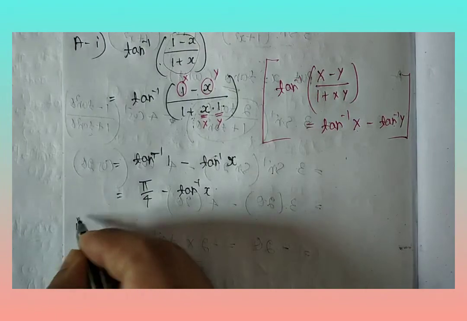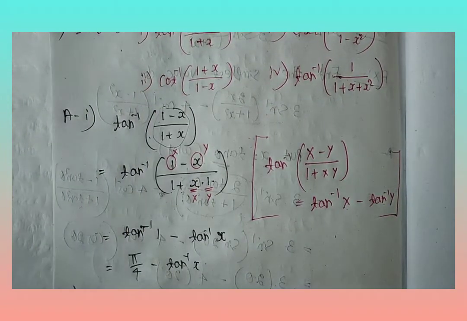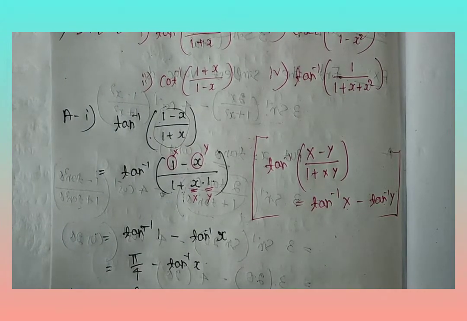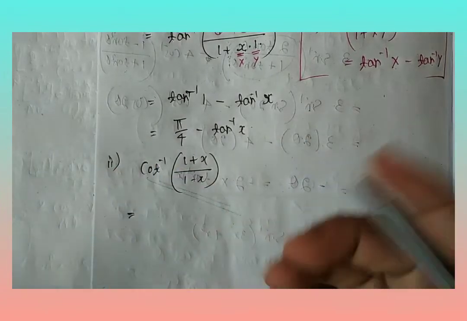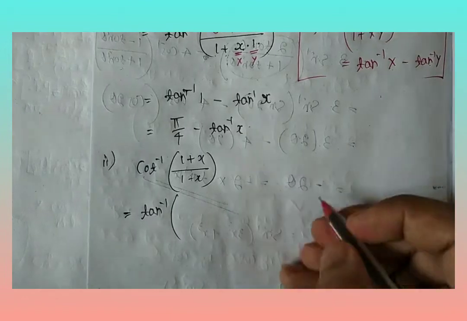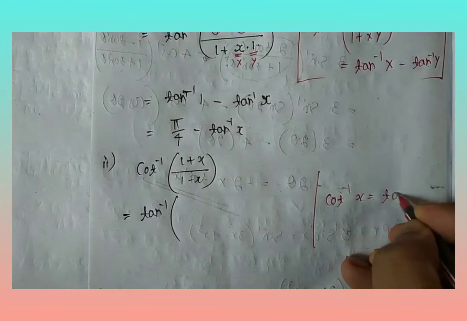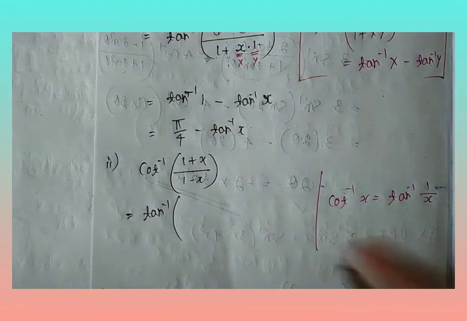Then the second bit. The second bit is cot inverse. First, change this function into tan inverse. We know that cot inverse x is equal to tan inverse of the reciprocal, 1 by x.